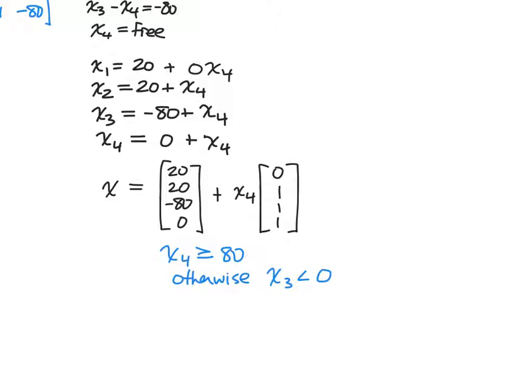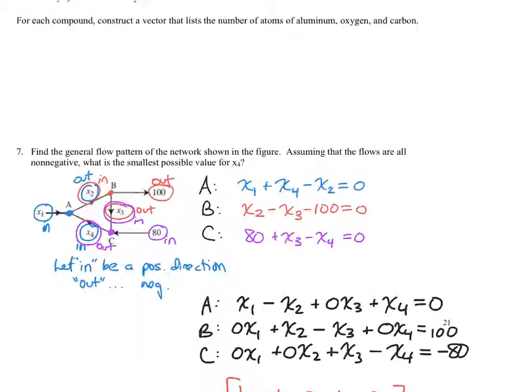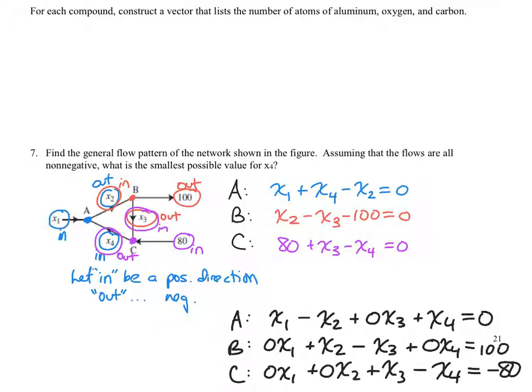So depending on what you define as negative, that could be a problem. If negative is inward, then that's saying that people are still in the theme park after it's closed. If it's in the outward direction, you're saying more people have left than were there to begin with, which doesn't make sense either. So the thing that tells us that x4 has to be at least 80 is the fact that it's like a circuit, and a circuit can't have a negative flow.